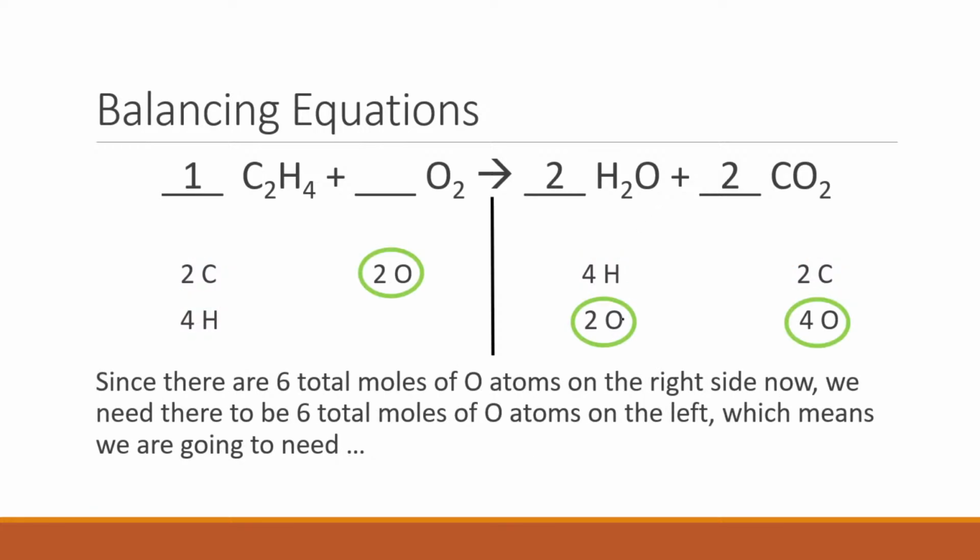Here, on the right side where I already have numbers, I have 6 total oxygens. So that means now I need some coefficient in front of my O2 to give me a total of 6 oxygens.